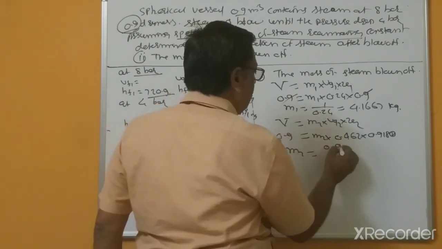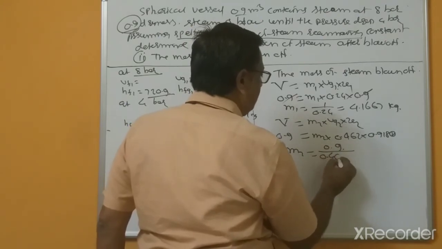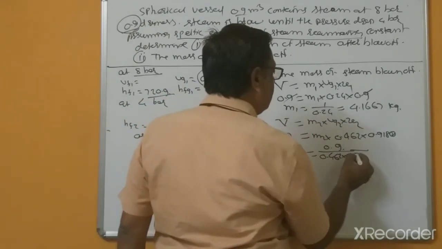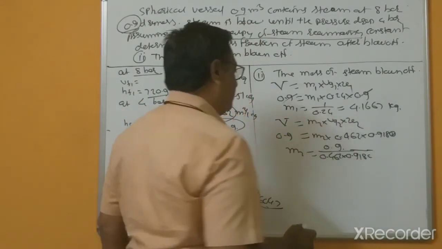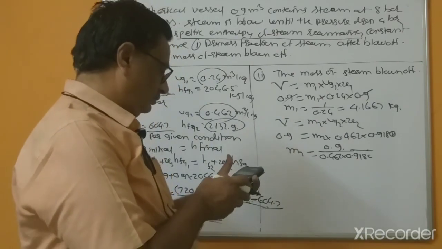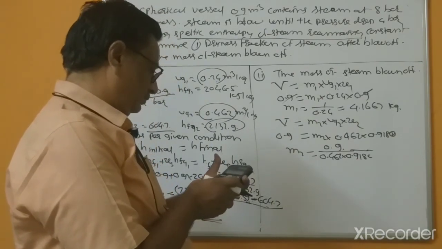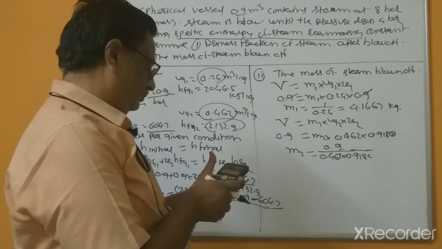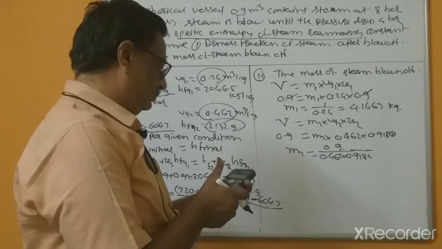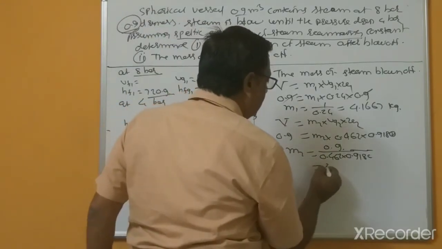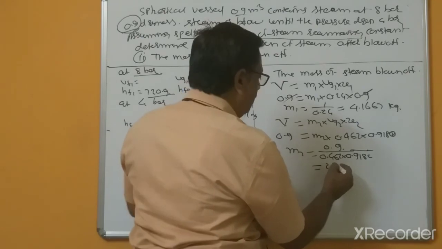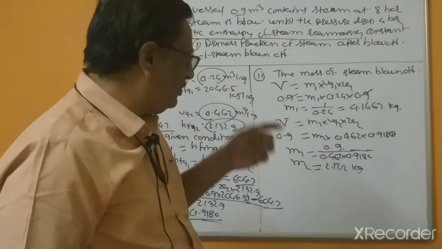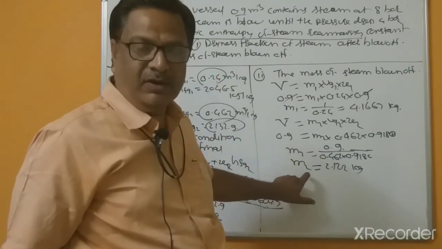M2 equals 0.9 divided by 0.462 times 0.9180, which is 2.122 kg. So M2 is the final mass present in the vessel.